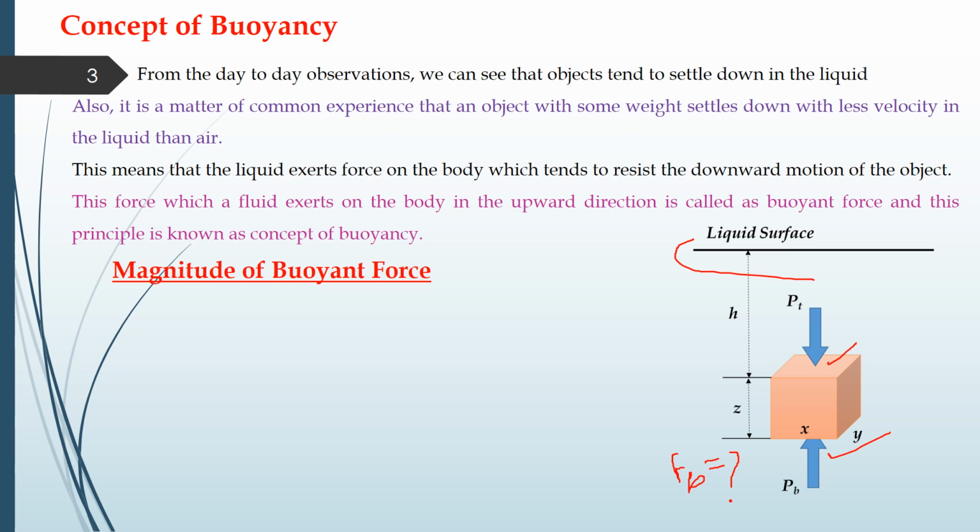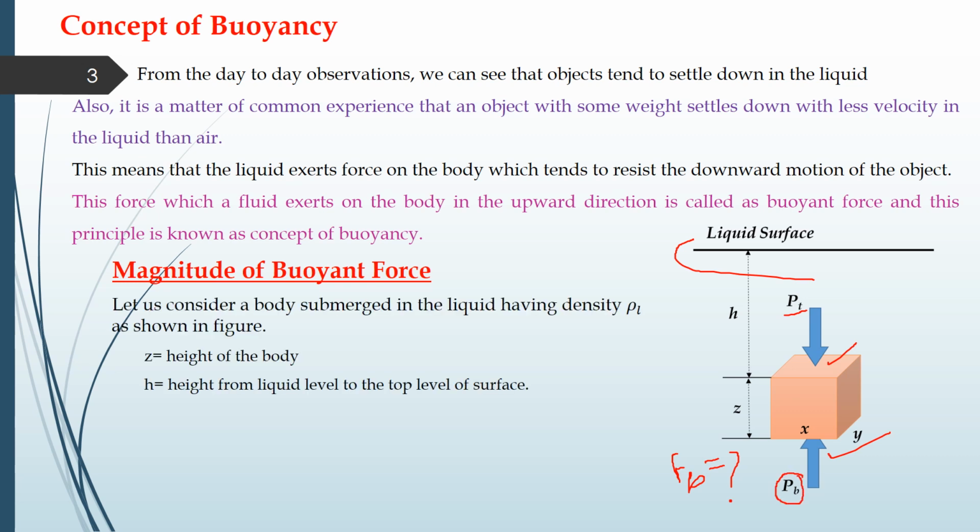There will be a pressure PT at the top surface, and a pressure PB at the bottom surface acting in the upward direction. Let the liquid have density rho L, and this solid box have a density rho B.